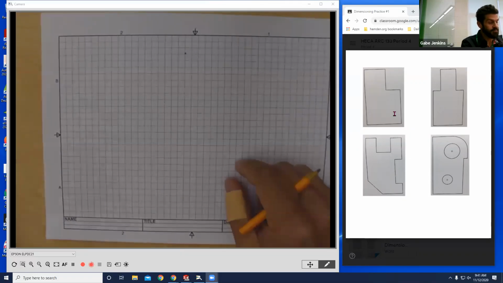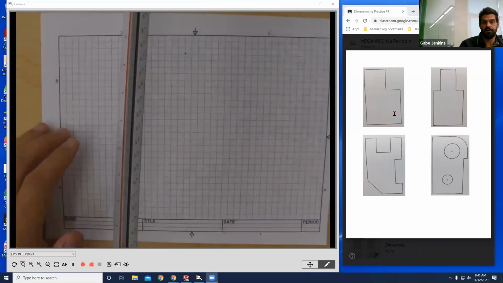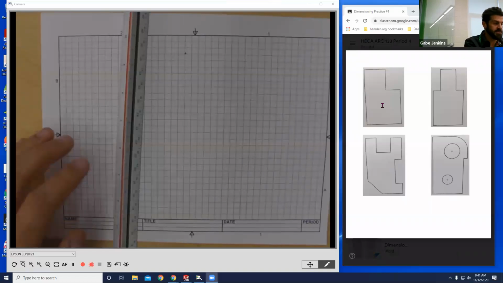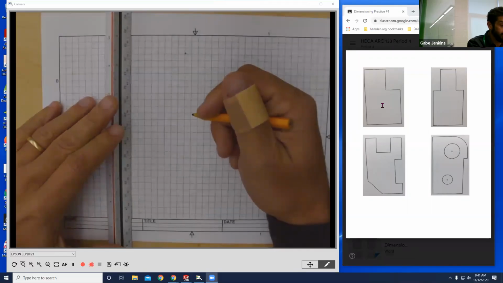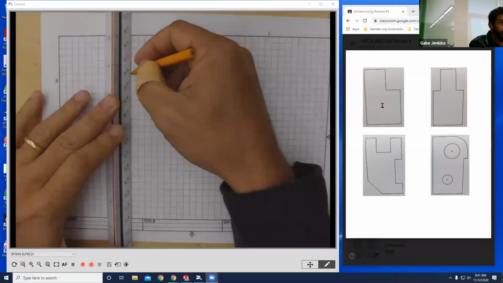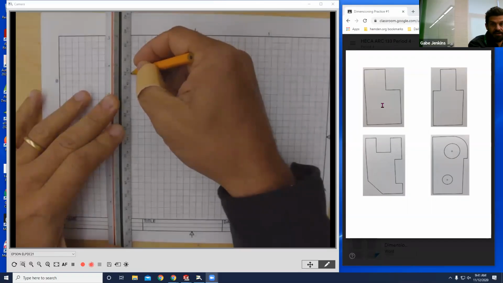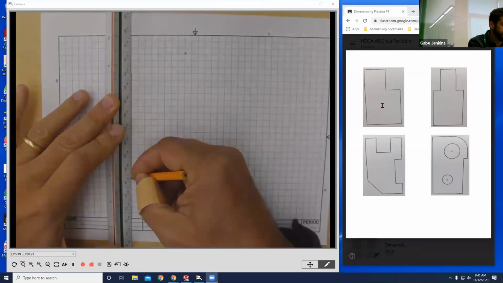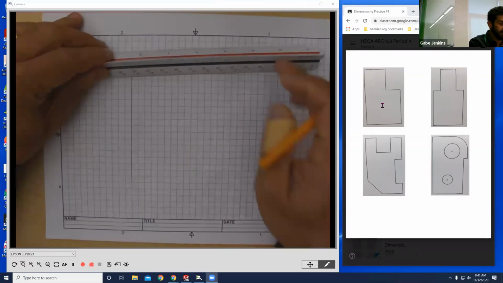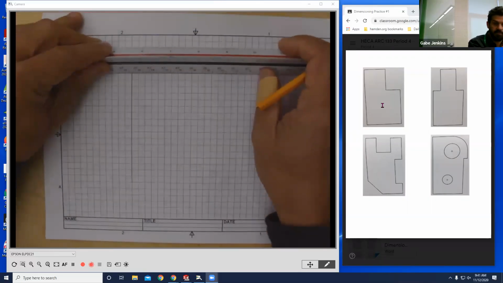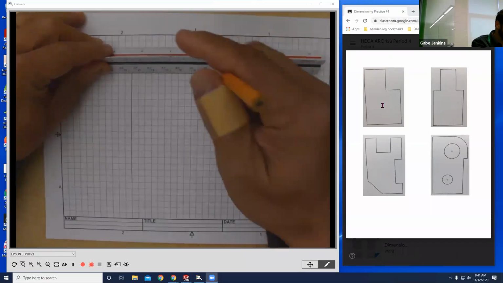Okay. So if I'm looking at this shape right here, it's pretty easy to do. So if you think you can do it on your own, that's fine too. I'm just going to create something that looks basically like it. It doesn't have to be perfect. So there's a line that goes like that. There is a line that goes over some amount.